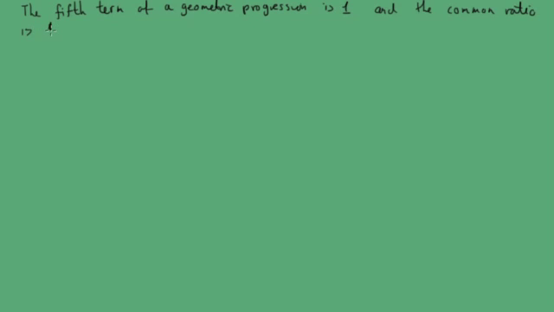So let's look at a few examples. The fifth term of a geometric progression is 1, and the common ratio is a half.